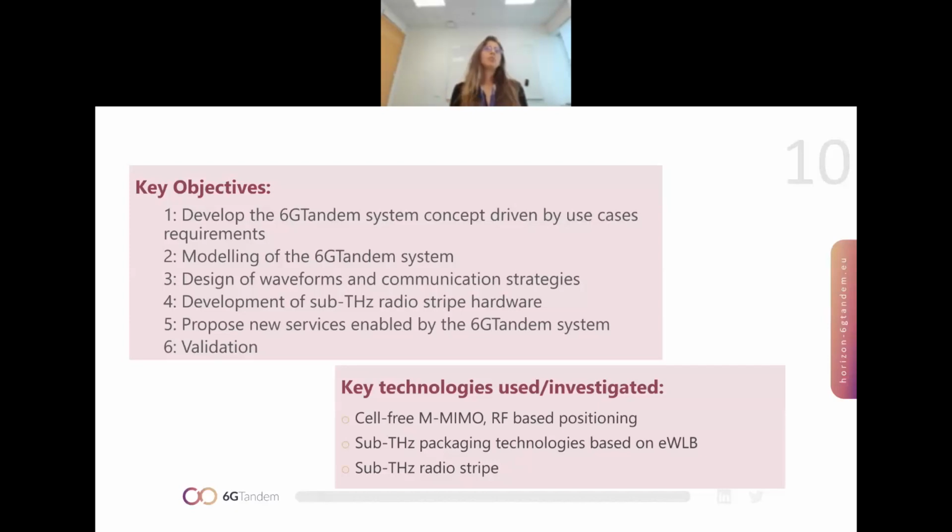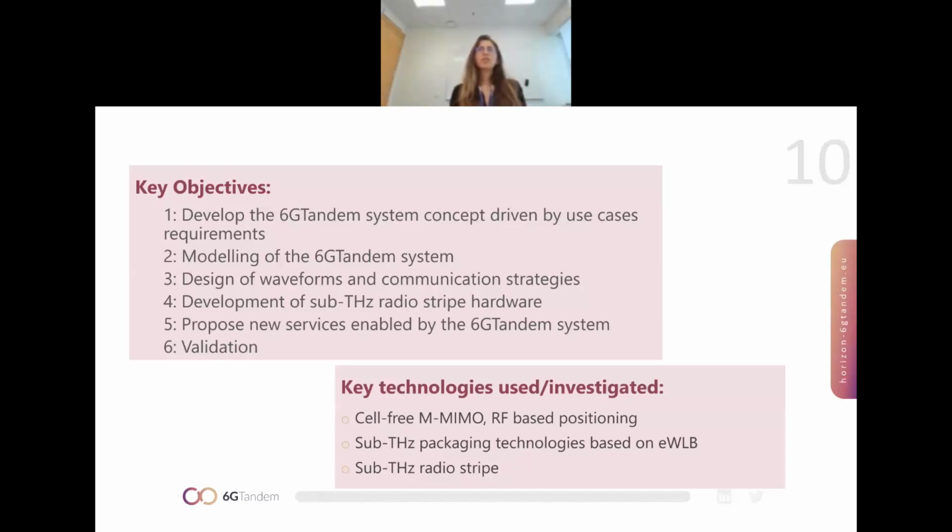And then we have to develop the sub-terahertz radio stripe hardware. We need the packaging of the antenna units developed by Infineon. We need to design the chips and so on. And proposing new services enabled by this kind of operation, and the sixth objective is to validate the concept.